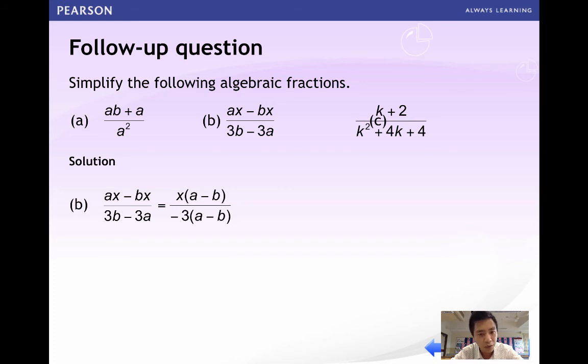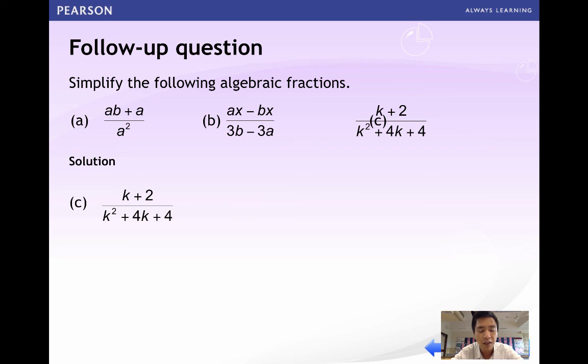But for the denominator, the common factor, we get negative 3. So we can get another factor of a minus b. We cancel out this a minus b factor on both sides. So you can get x over negative 3. So the answer, we can say, is negative x over 3.